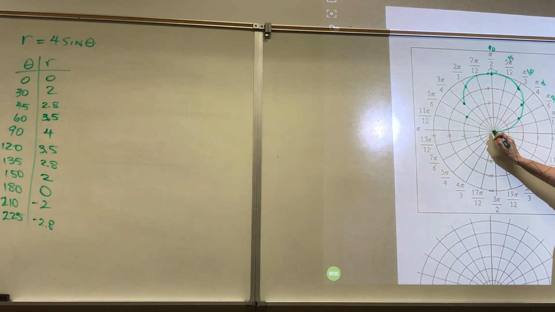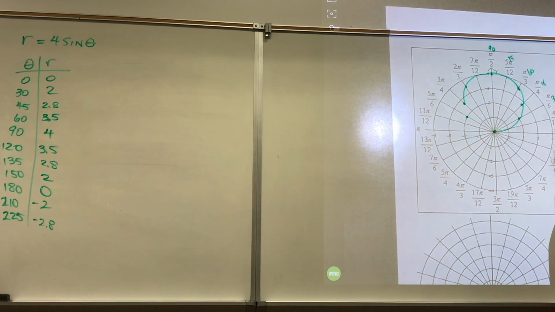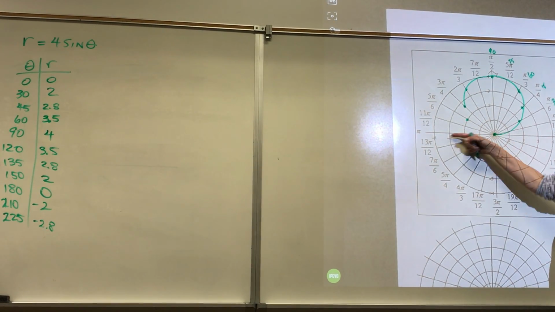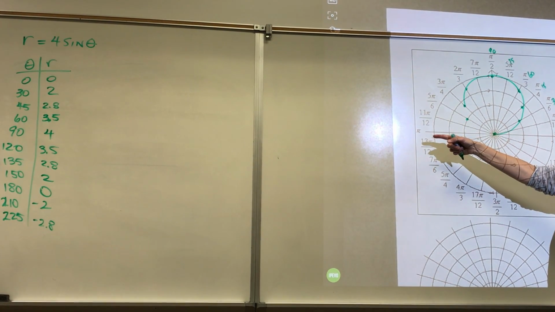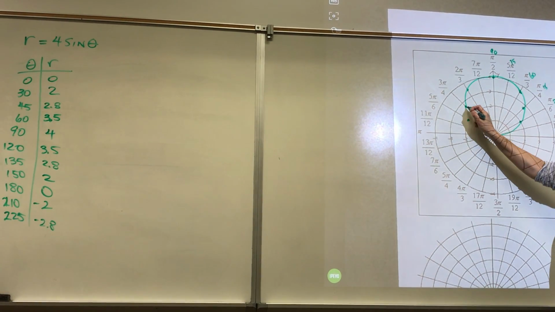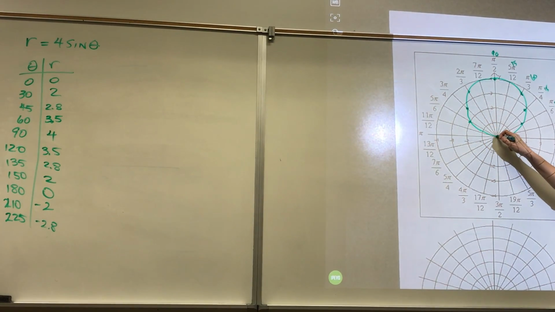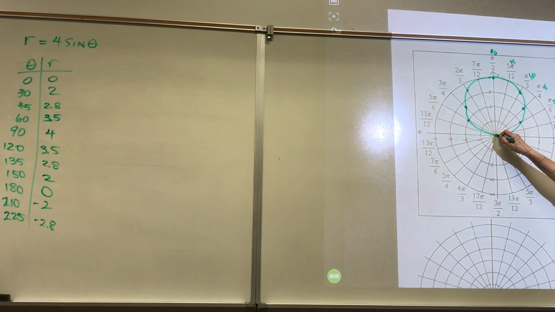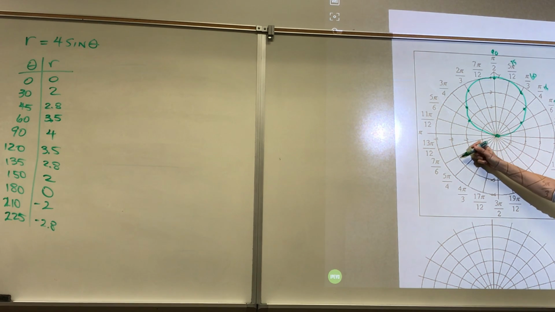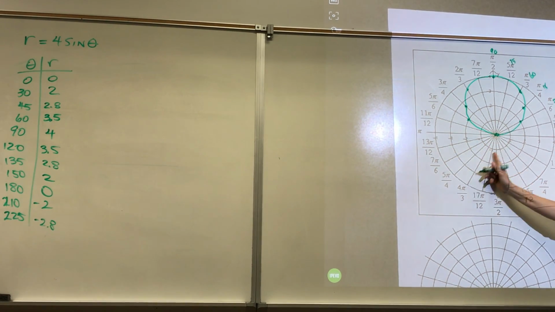180. What's 180? 0. I'm going out 180 degrees, but I'm going 0, so where am I? Just the origin, okay? And if we connect the dots, 210, -2. What happens when I go 210 with -2? We go back the other way.